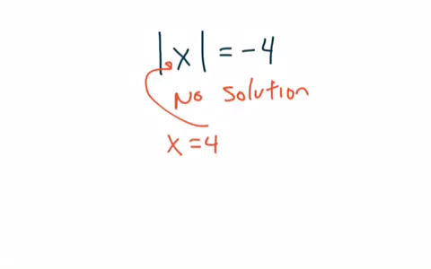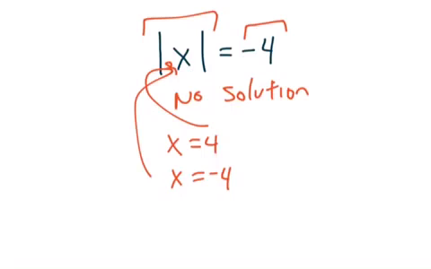It's not negative 4. Or if you try x equals negative 4 and plug that in, then the absolute value of negative 4 is 4. Since absolute value here represents a distance, it's impossible for that distance to be negative. So the sheer fact that there's a negative right here means that this equation automatically has no solution.